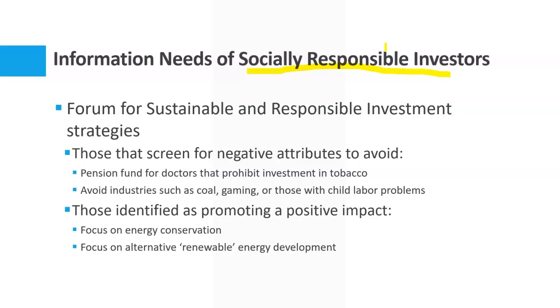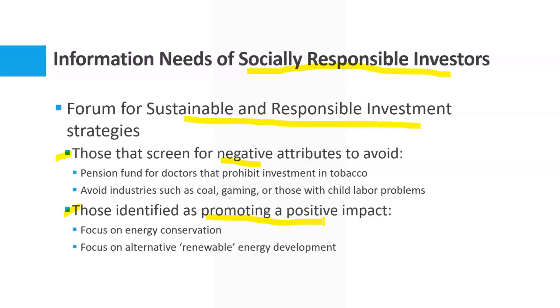So this is the strategy made by the SRI just now. One is those that screen for negative attributes to avoid, and number two is those identified as promoting a positive impact.